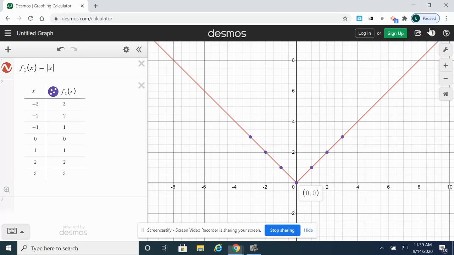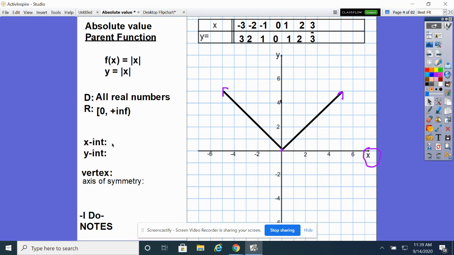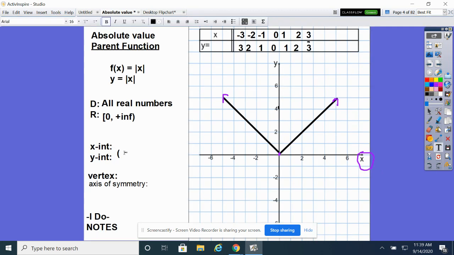Okay, let's go type that in. Zero, comma. Move all these up. I'm going to fix that parentheses. Delete that one.